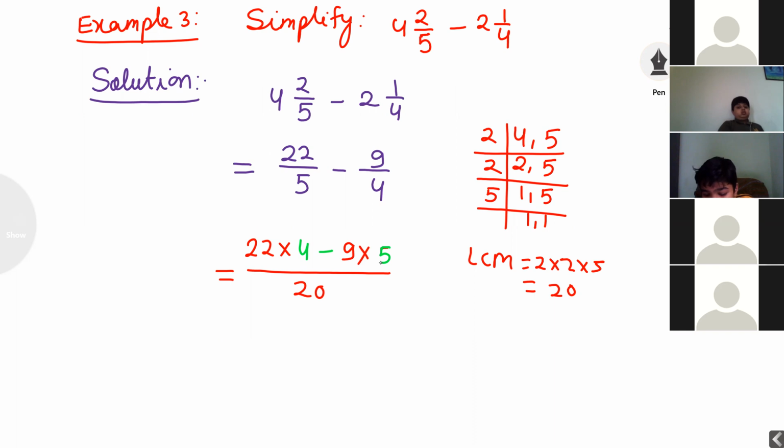Again we want to multiply. 22 into 4, 4 2s are 8, 88 minus 9 5s are 45, divided by 20. Again 88 minus 45, we want to subtract. 8 minus 5, 3. 8 minus 4, 4. 43 by 20.